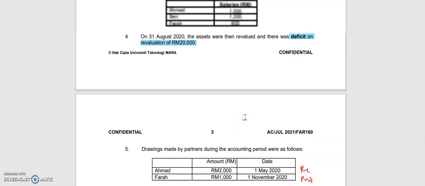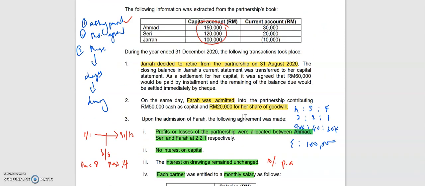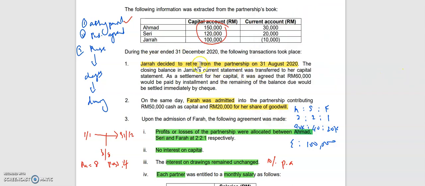So, let us look for the information. Is there any information regarding Jarrah account? Okay, additional information number 1. When Jarrah decided to retire, the closing balance in Jarrah current statement was transferred to her capital statement.